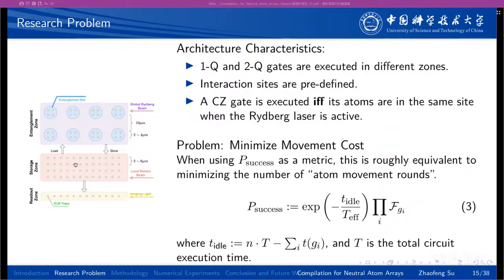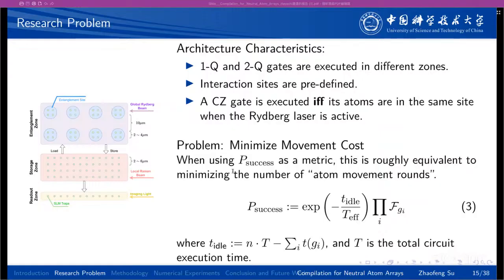So the problem is to plan the path for the movement, and this whole problem can be concluded as minimizing the movement cost.